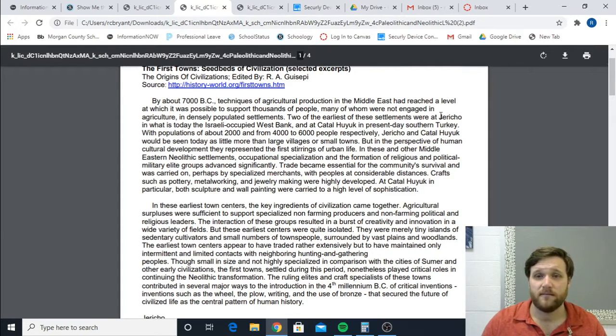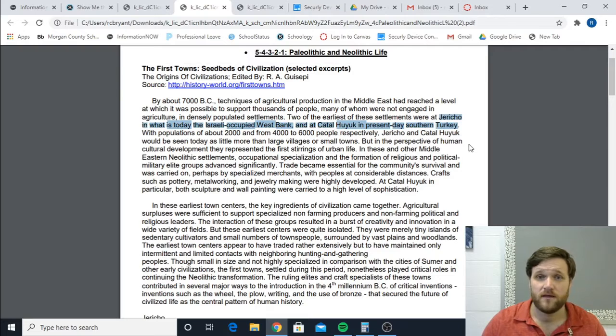What we're going to be talking about specifically, I'm going to go ahead and highlight it right here, is Jericho, which was where the Israeli West Bank is today. So this is an area inside of the nation state of Israel.